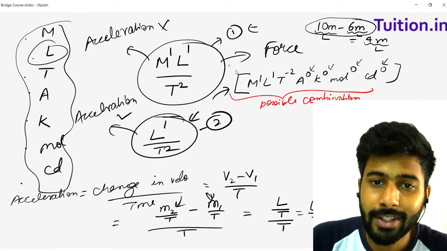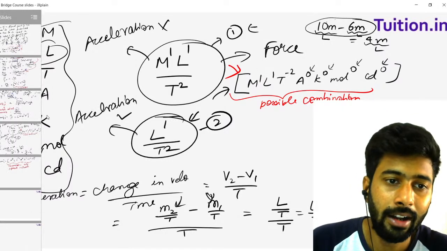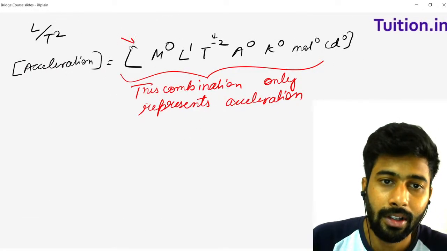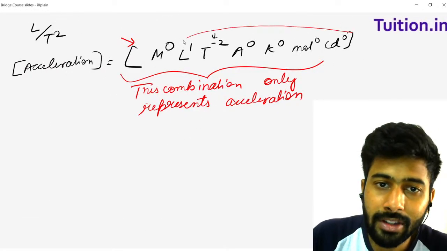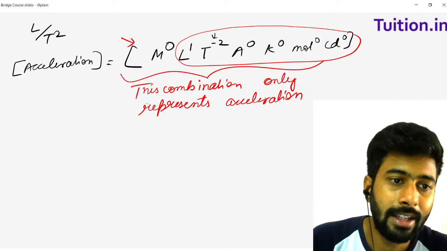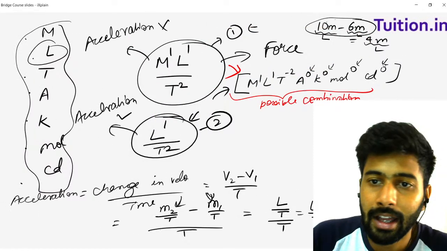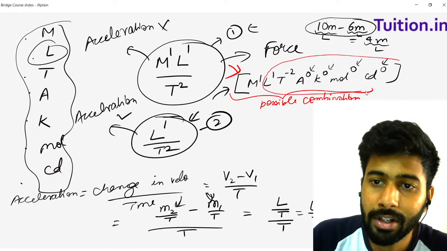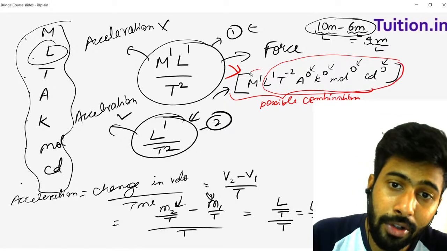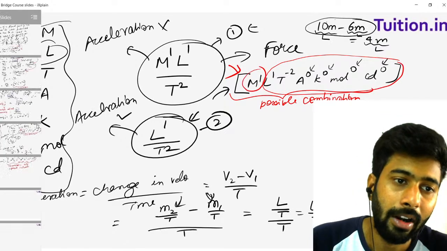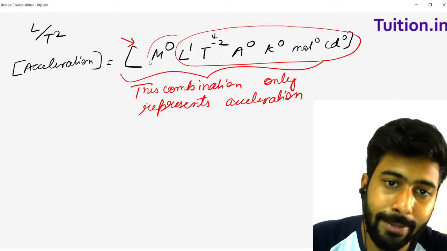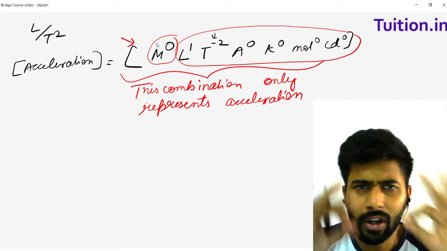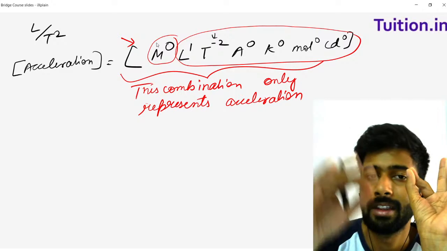So what is the difference between this combination and the other combination? This part is the same for acceleration and force, but what's differing between these two is that in force you have mass power 1, but in acceleration you have mass power 0. So you see, there will always be at least one difference.